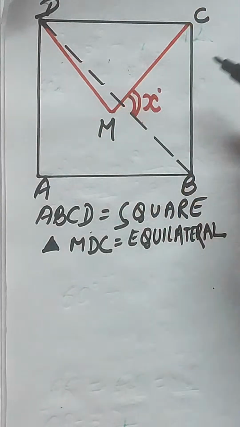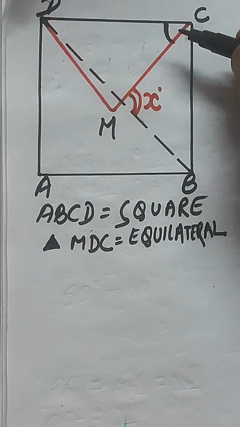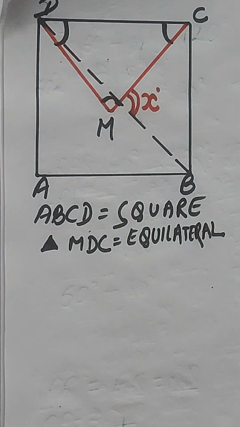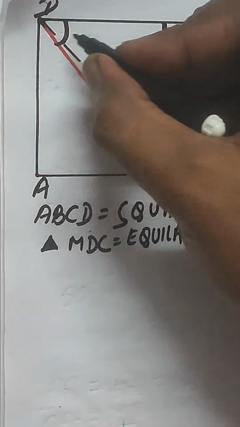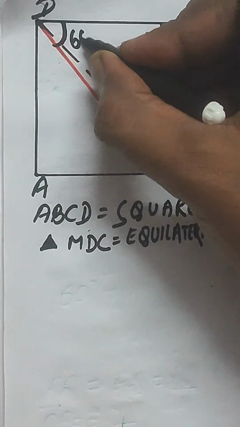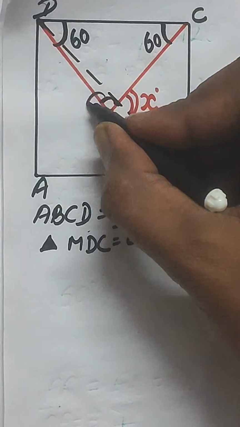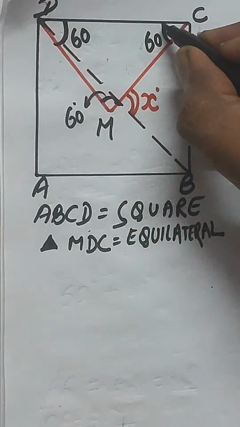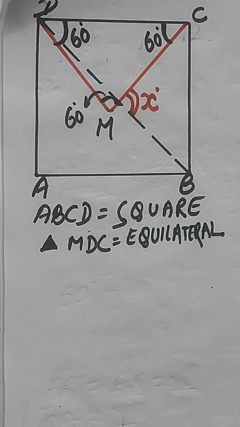Since MDC is equilateral, we can say that all these angles will be the same and equal. So that's why the value of all these angles are 60, 60 and 60, right? We need to find the value of this angle x. How to calculate the value of this angle x?